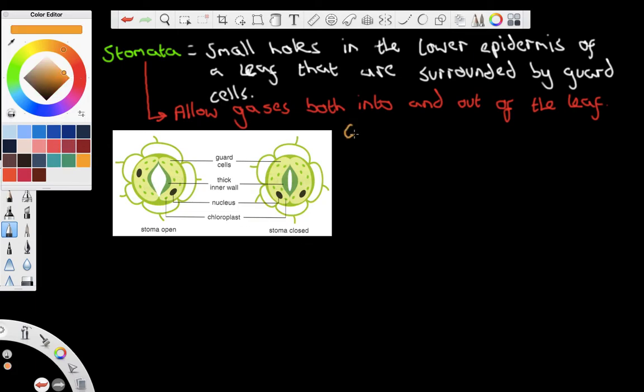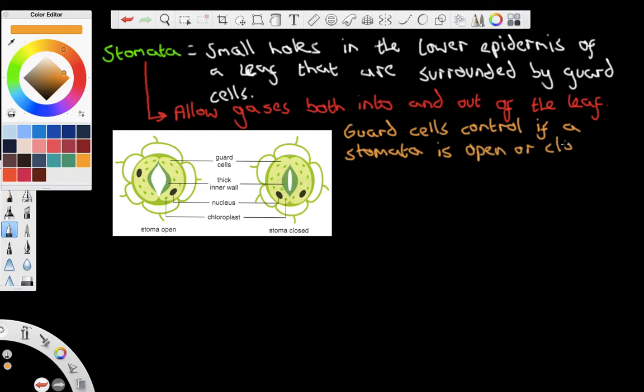So we can say that guard cells control if a stomata is open or closed, full stop.